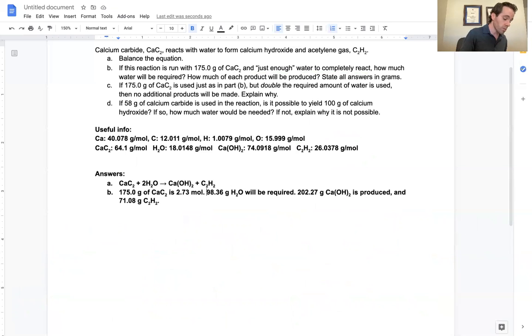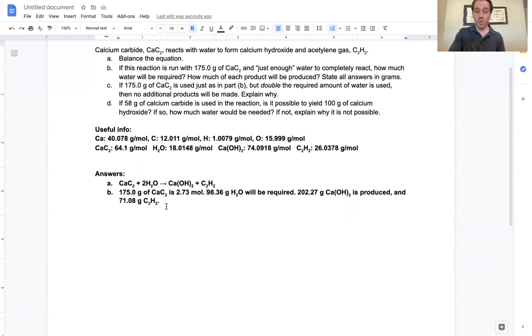The next part, part C, says if 175 grams of calcium carbide is used just as in part B, but double the required amount of water is used, no additional products will be made. Explain why. Here's the deal. The calcium carbide, if there's more of it, but there isn't more water to react with it, it can't go anywhere. It can't do anything.